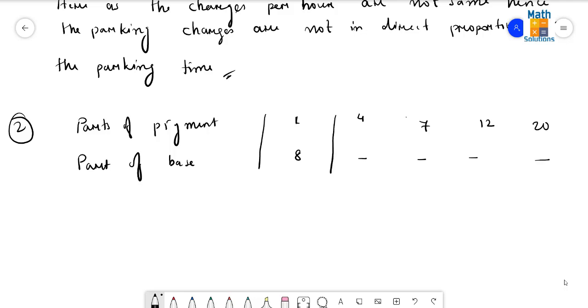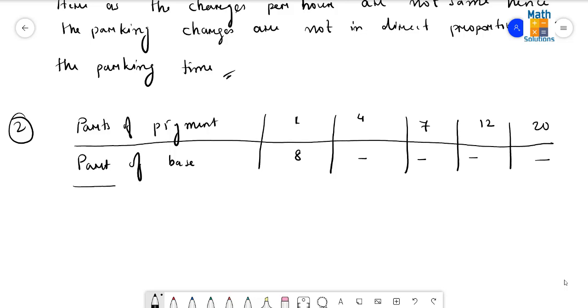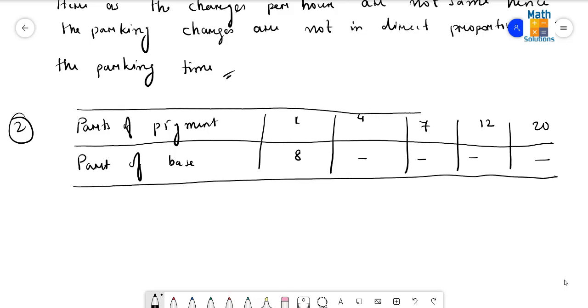So we need to find out the values which are not written here, means blank places are to be filled in. Using the concept of direct proportion, we are to complete this table.